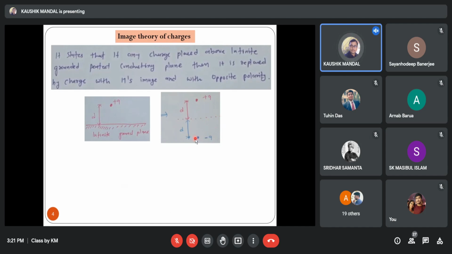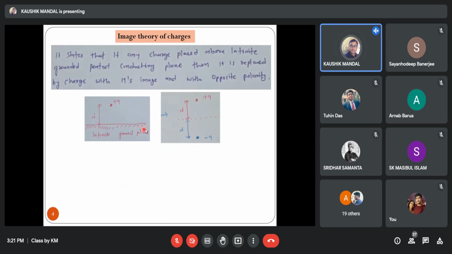The distance of the image charge will also be d from this reference line. That means to replace the infinite ground plane by an image charge, we have to consider the image of the corresponding charge with reference to the ground, considering the ground plane as the reference line.